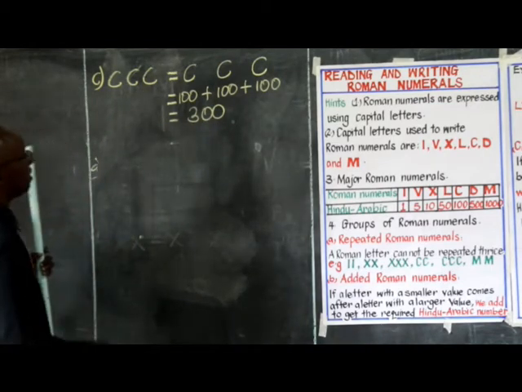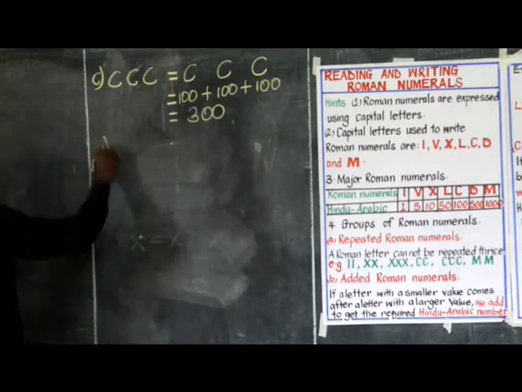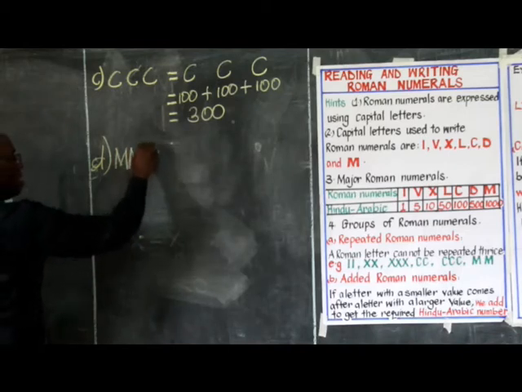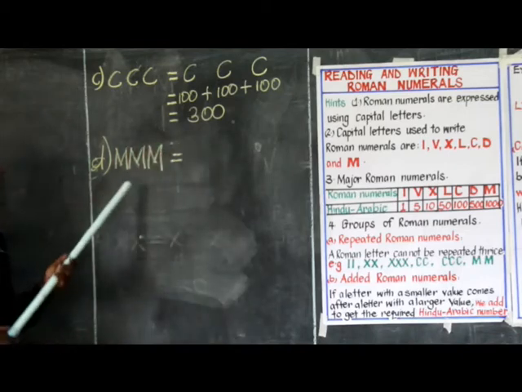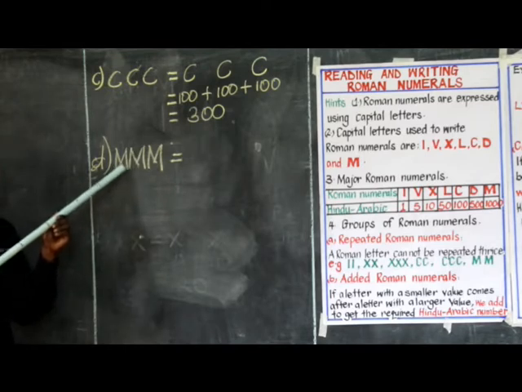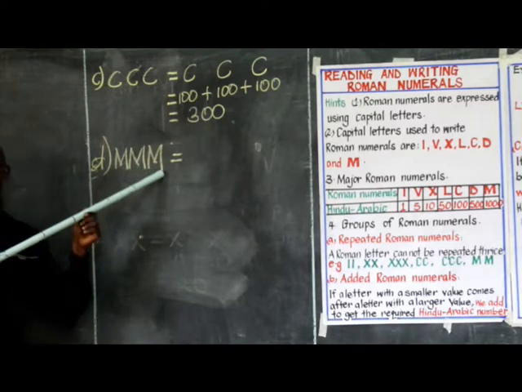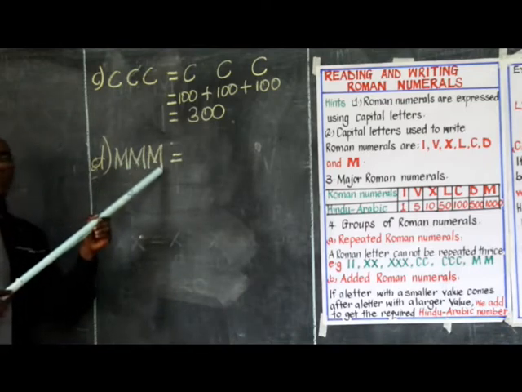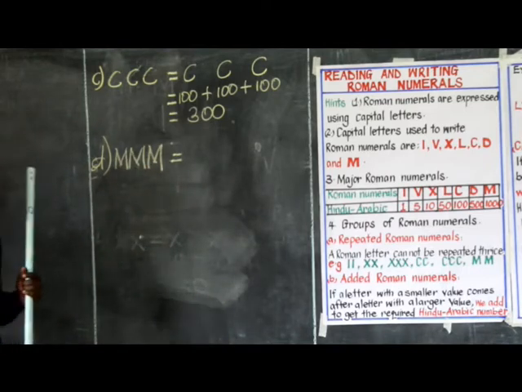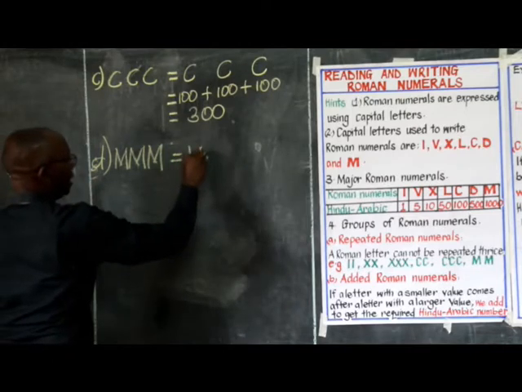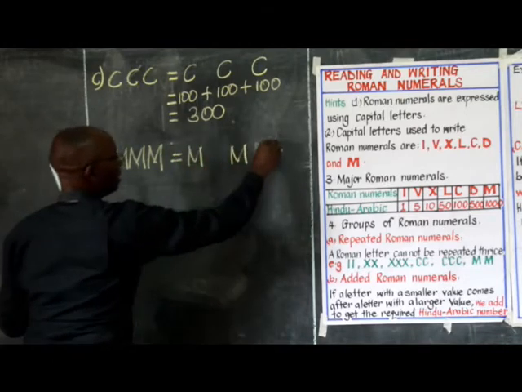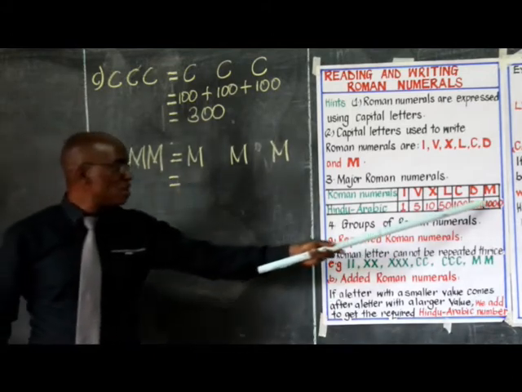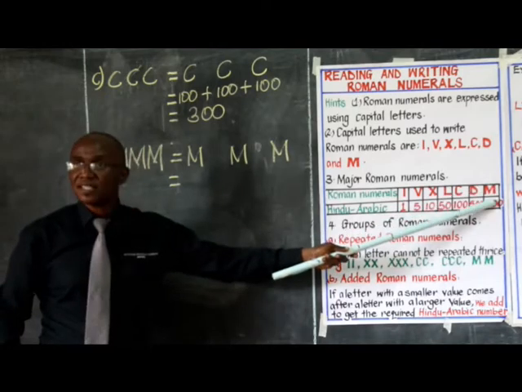Another good example is MMM. We have written M, repeating M thrice. To find out what MMM means in Hindu-Arabic numerals, we add M, M, and M. We go back to the major Roman numerals: M represents 1,000.